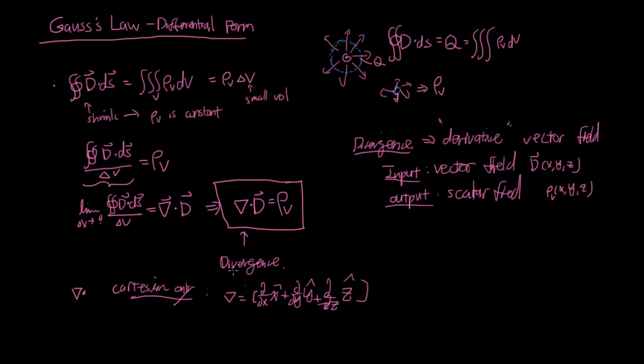If you define the del operator to look like this, and you just take the dot product, you end up with the definition of the divergence. It works out quite nicely. Note that outside of the Cartesian coordinate system, the formula isn't quite so pretty.